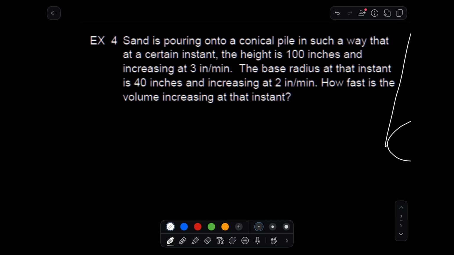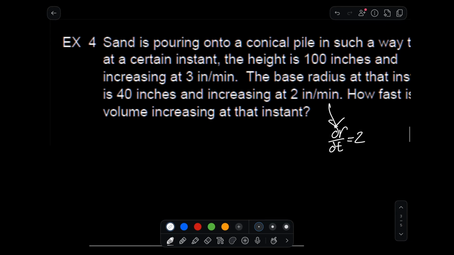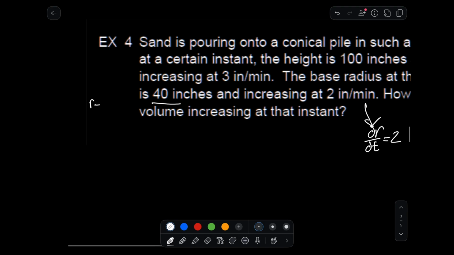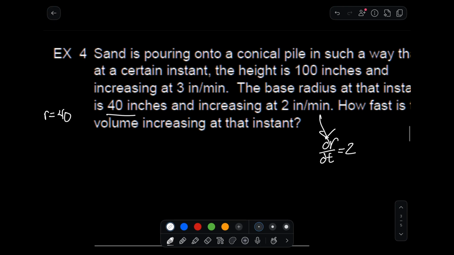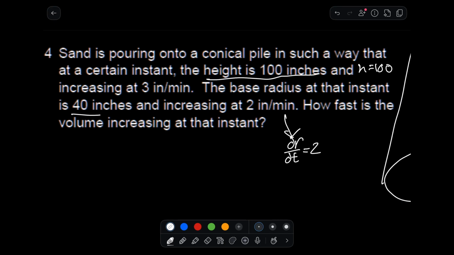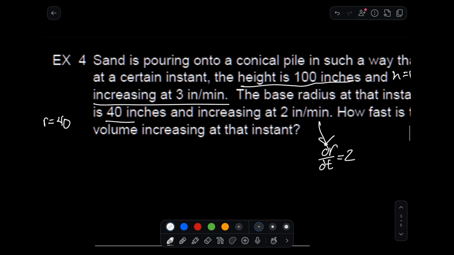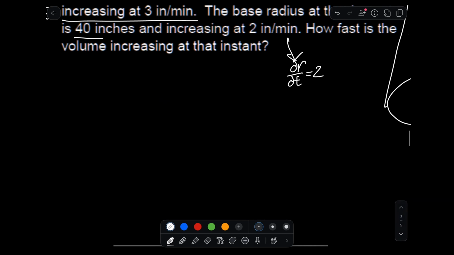We have our del r del t equals 2, our r equals 40, our h equals 100, and then del h del t equals 3.